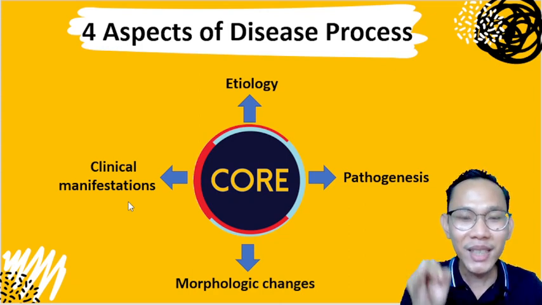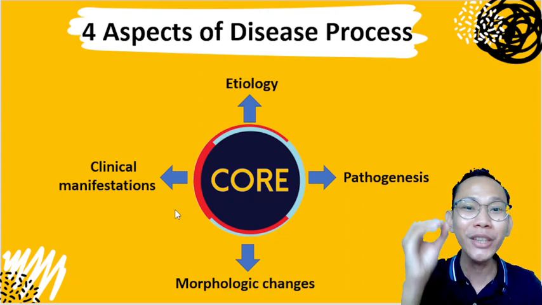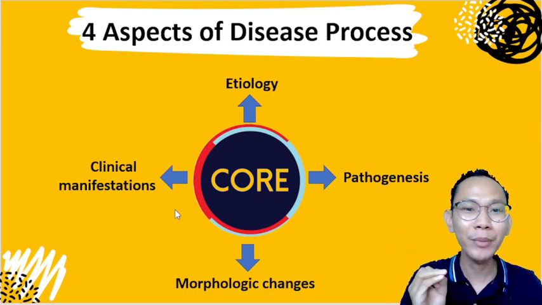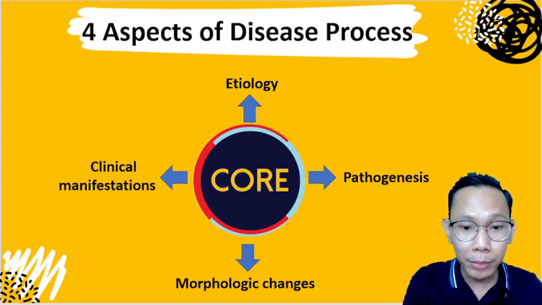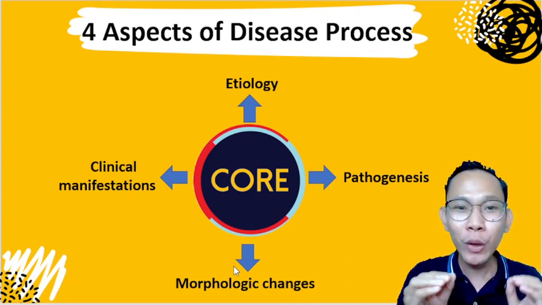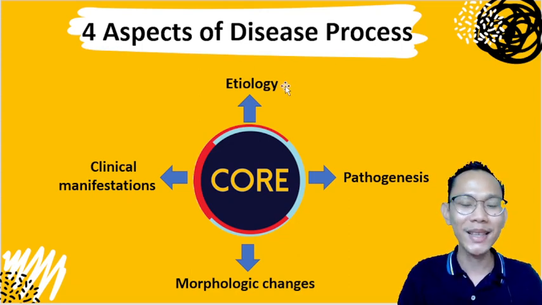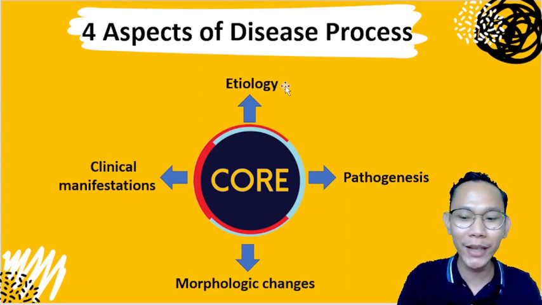This is now the signs and symptoms manifested by our patient. Ito yung nakikita natin or nararamdaman sa pasyente brought about by the morphological changes. So ngayon, we will now go on each of these aspects of disease process. Isa-isahin natin para mas lalo nating maintindihan.